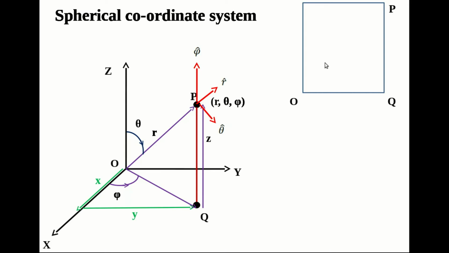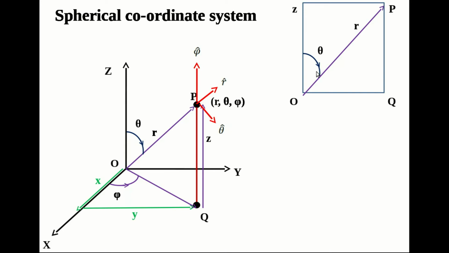Now consider the plane containing the z-axis, point P, point Q and origin. It is drawn here. The height along the z direction will be equal to the z coordinate of point P. OP is R and this angle ZOP from the figure is theta.